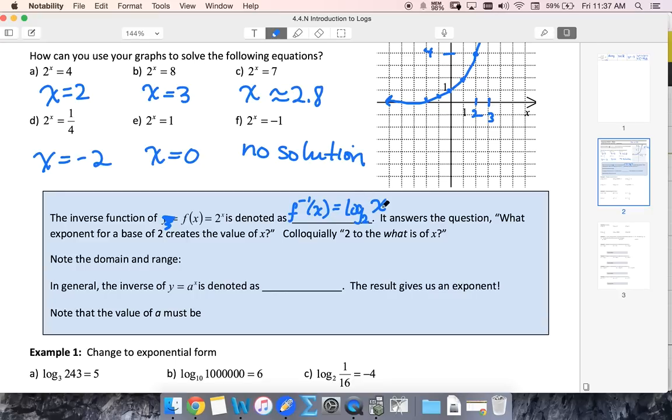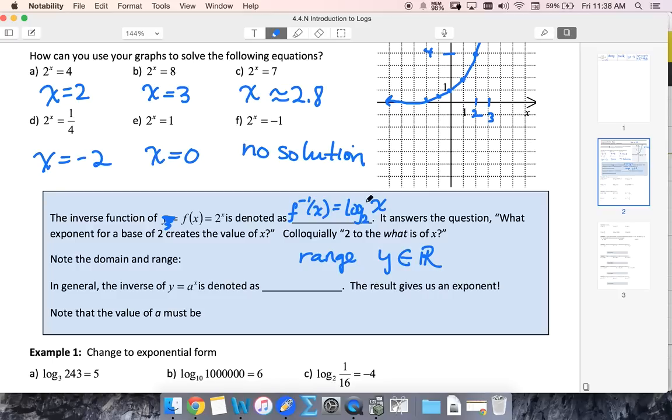If I think about the inverse, the domain and range, so all of my answers here could have been positive or negative for the exponents. So the range, the y values that I get out, could be positive or negative. Or they could be decimals. So y can be any real number.